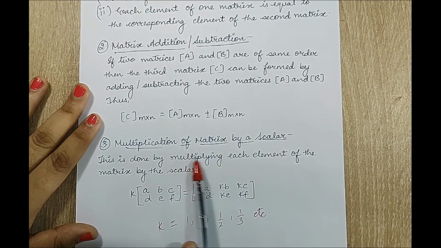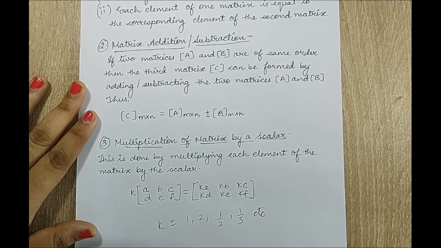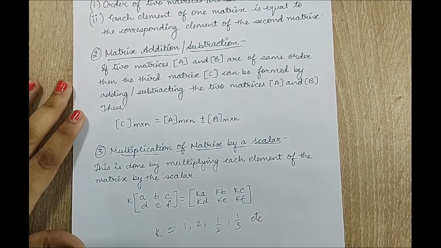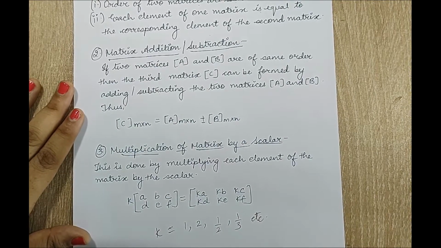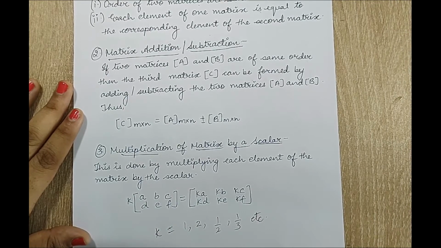So this is how multiplication of a matrix by a scalar is done. If you are aware, only multiplication in matrices is possible, division is not possible. So what you can do is, you can multiply with a scalar like this. And that is how you divide each term by a particular common number, as division of matrices is not possible.